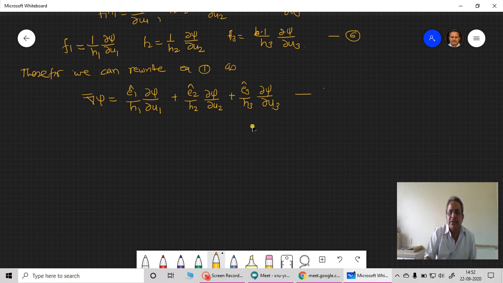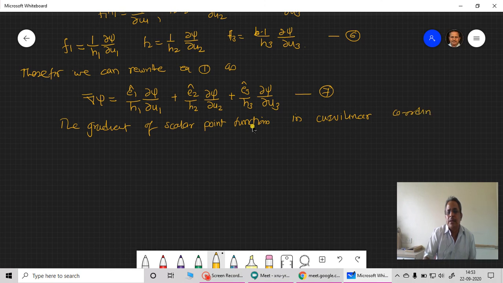This is my equation number 7. This is called the gradient of the scalar point function in curvilinear coordinates.